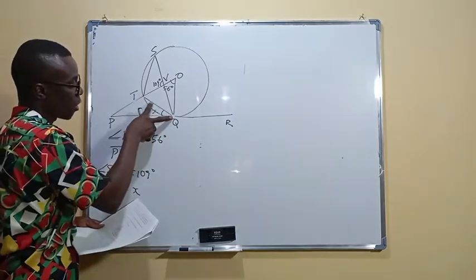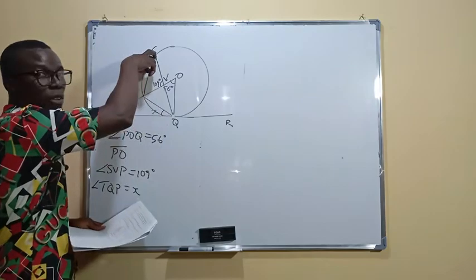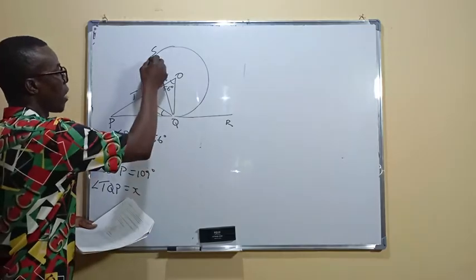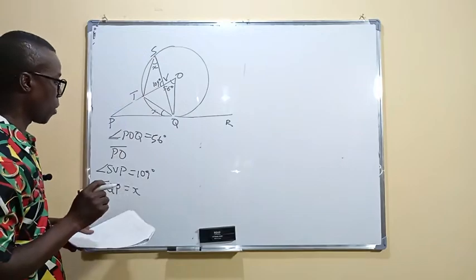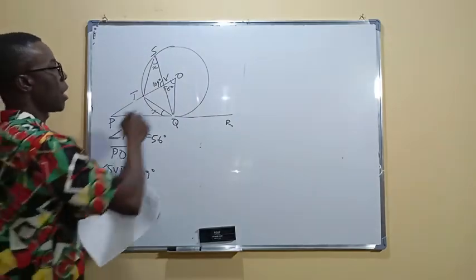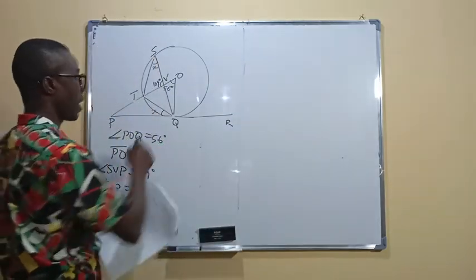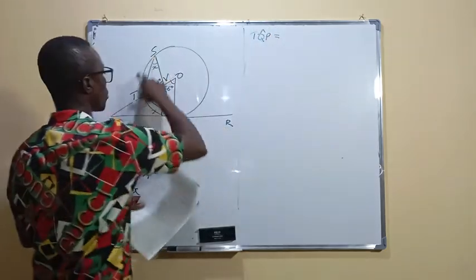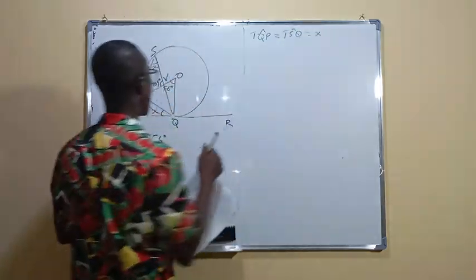So this angle as well is equal to x based on that theorem. So I can state that angle TQP is also equal to angle TSQ, which is equal to x.